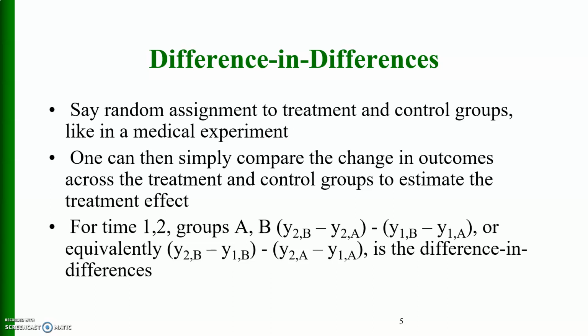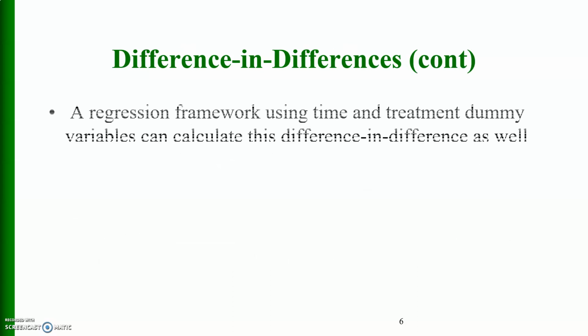Then y2b minus y2a minus y1b minus y1a, or equivalently y2b minus y1b minus y2a minus y1a, is the difference in differences. A regression framework using time and treatment dummy variables can calculate this difference in differences as well.